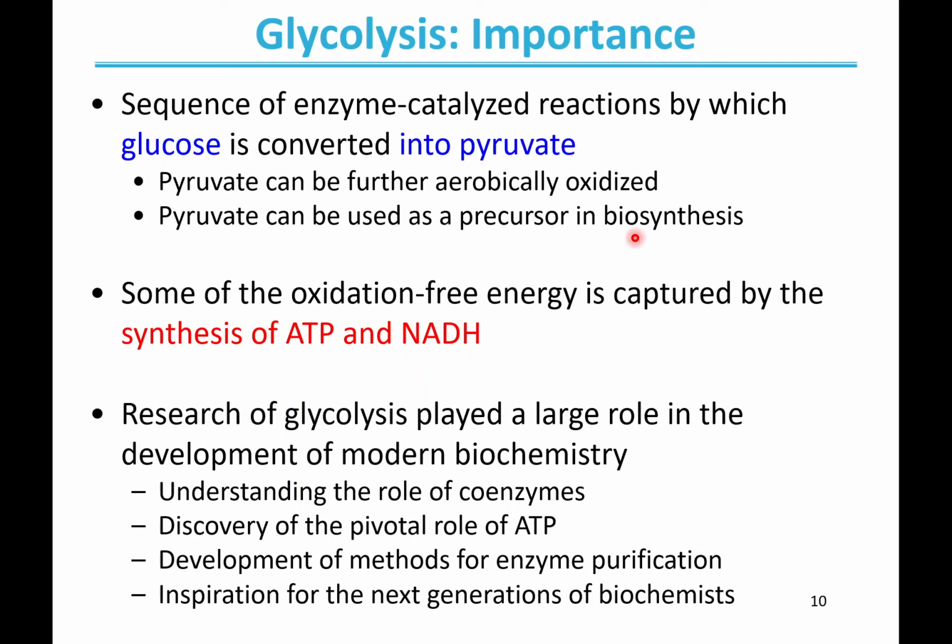As we'll see in chapter 16, when pyruvate is broken down further in the citric acid cycle, it generates a whole lot of ATP. So it has the potential to make a lot of cellular energy. You need to make pyruvate, and one way to do that is by converting glucose into pyruvate. That's one reason why glycolysis is so important.